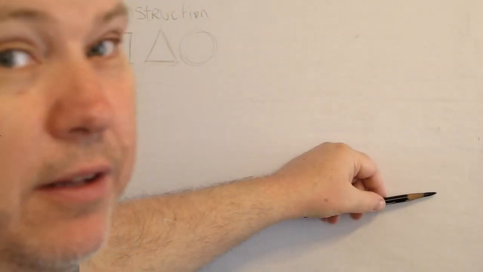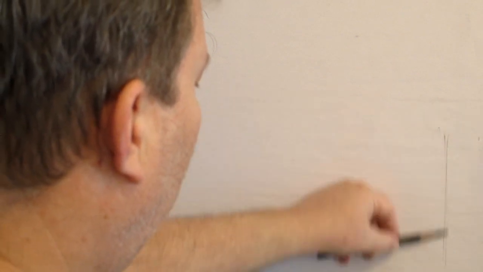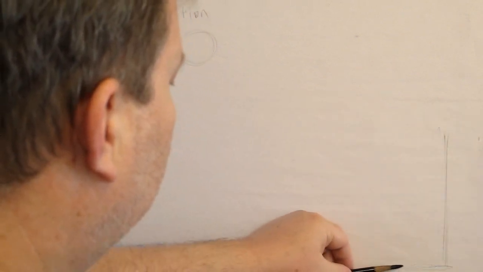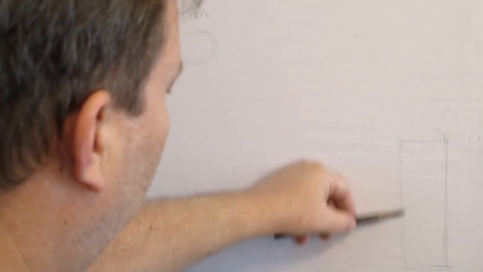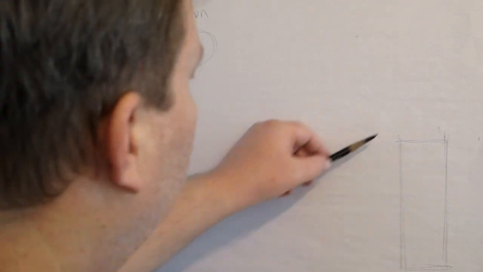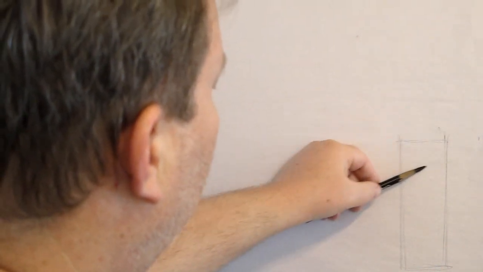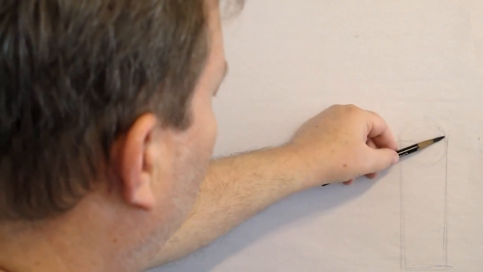Like if I had a simple bottle, a simple wine bottle or something, it's going to be basically a sort of a rectangle. This may seem a little askew because of the way the camera is, but again, we'd have a little rectangle with a circle.